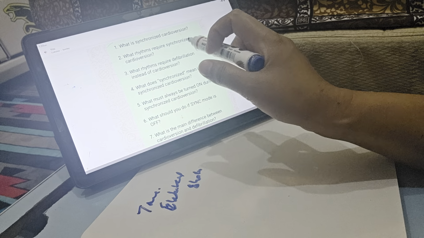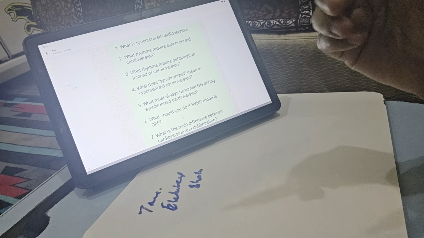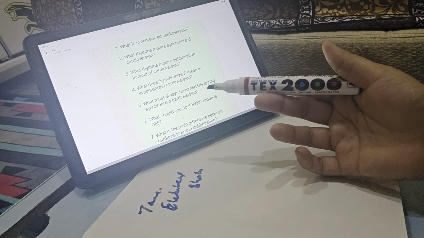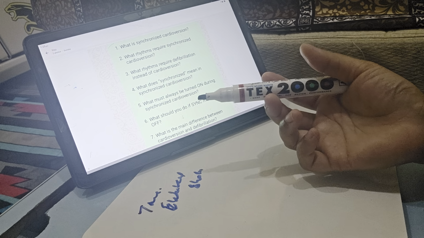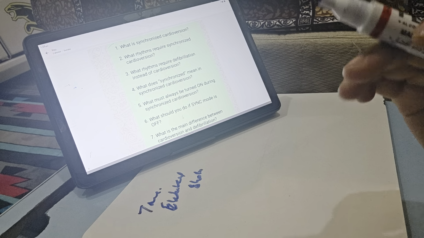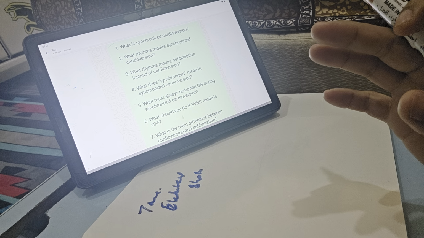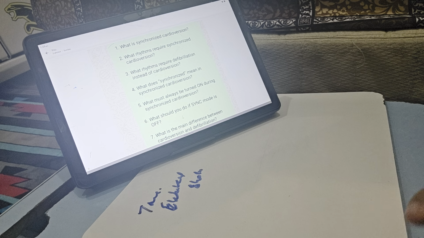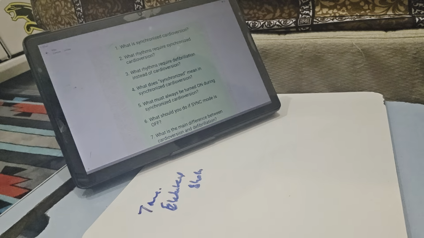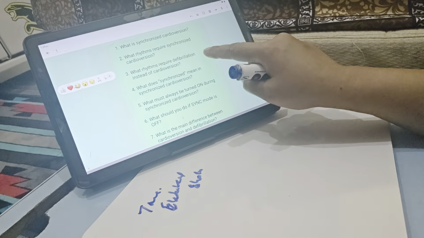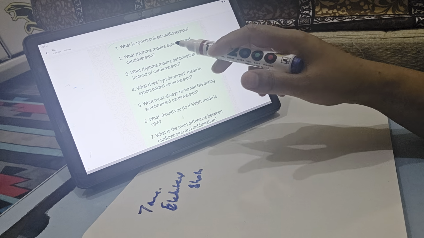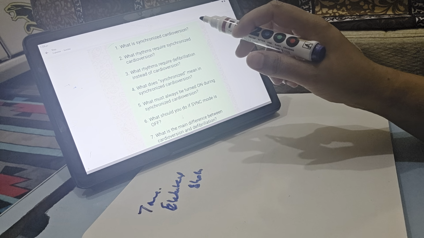Which rhythms require synchronized cardioversion? If the cardiac monitor is showing these rhythms, always check the leads first, make sure the connection is good, and after confirmation go to the next step.